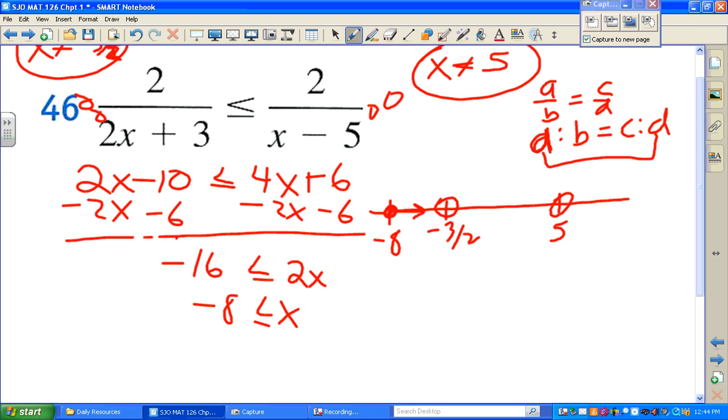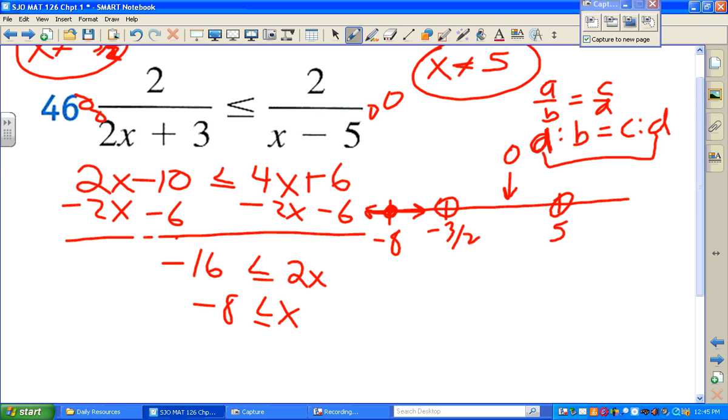So if I go back to the original problem, does 0 actually work for this? Is 2/3 less than or equal to negative 2/5? No, it's not. Must go the other way then.